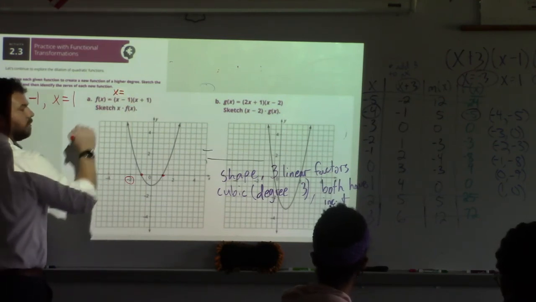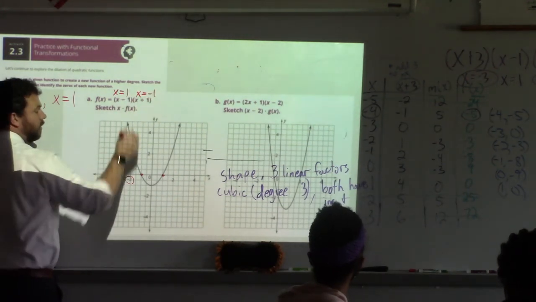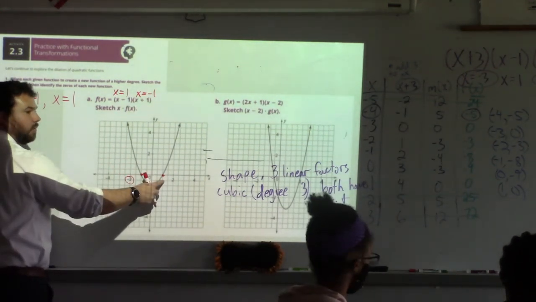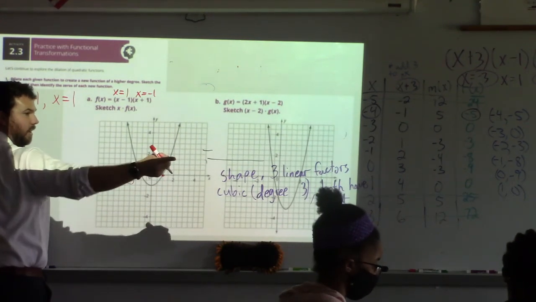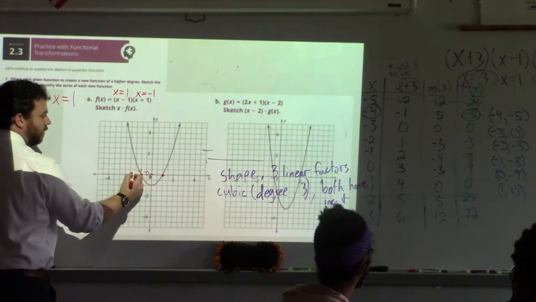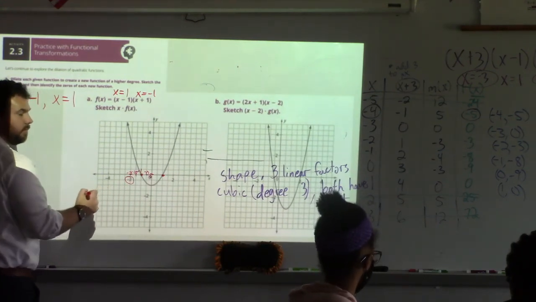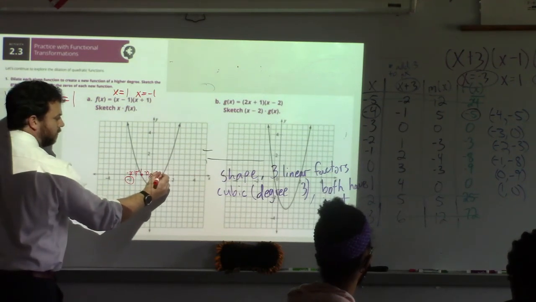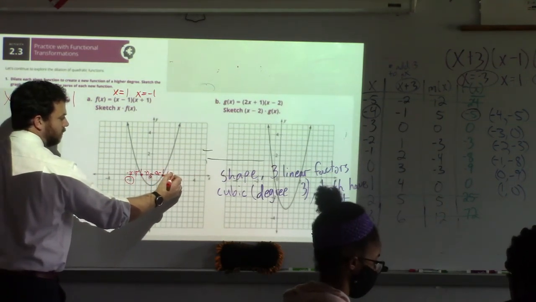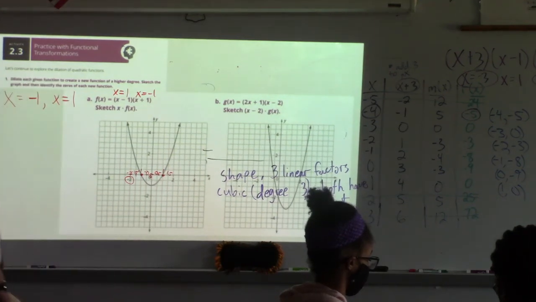X equals 1. And x equals negative 1. So those have to be negative 1 and 1. Right. So what is the scale going by? 0.5. So you might want to label your scale before you get going, because it will make your job easier. Okay? So you do want to pay attention to that detail.